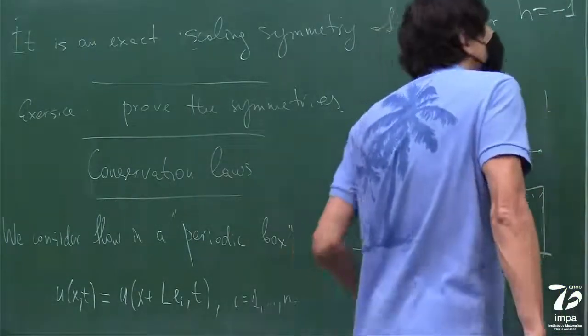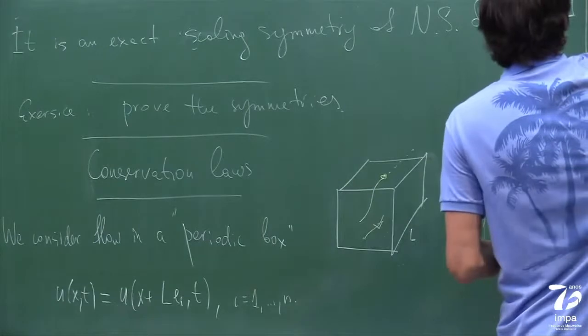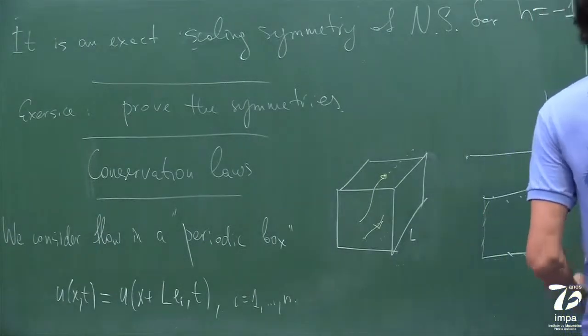The immediate consequence of this fact is that you can easily compute averages, and rather simply derive many rules, like conservation laws, for example. So, space averages.